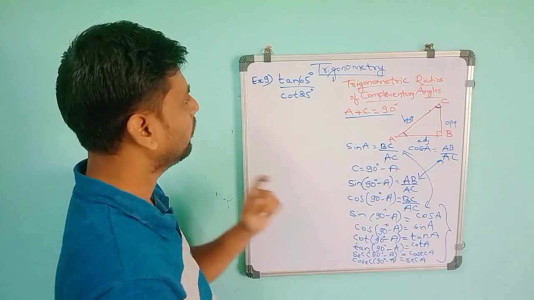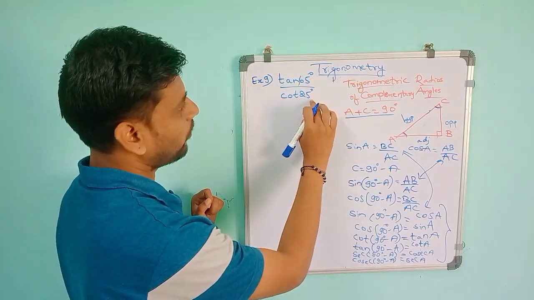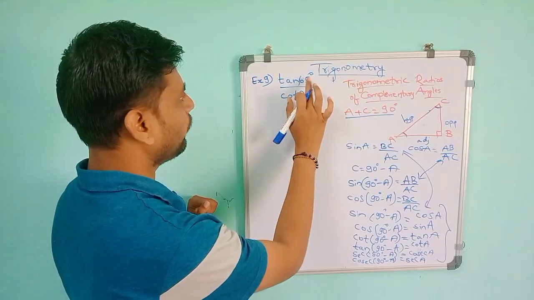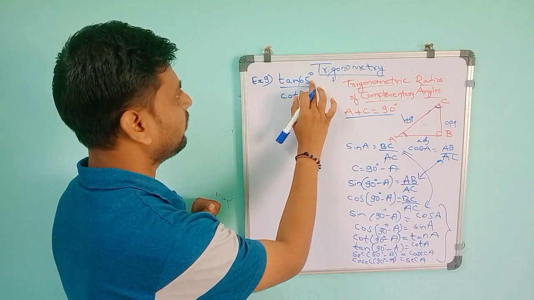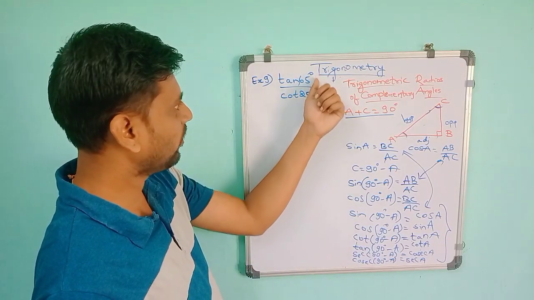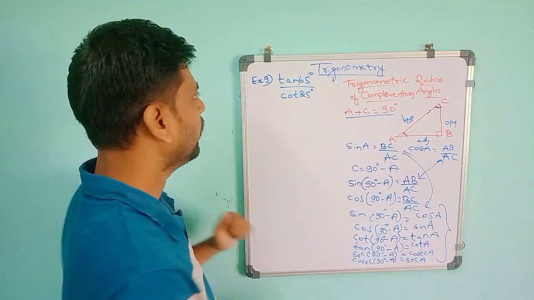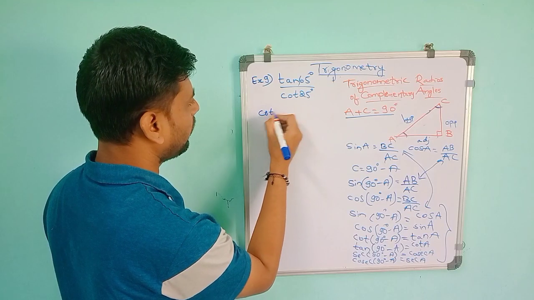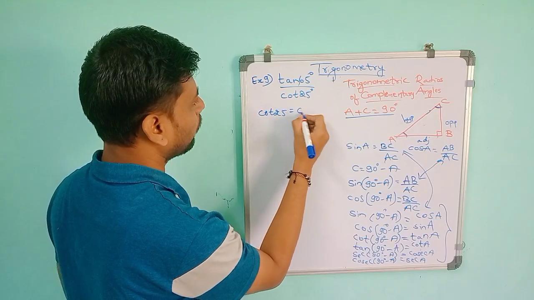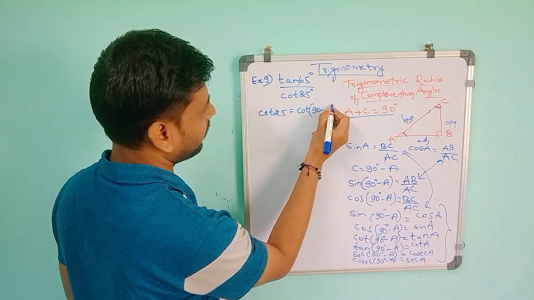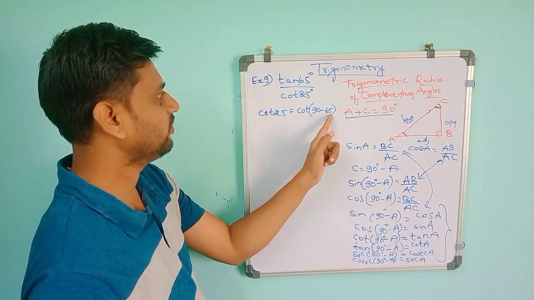How is it so? Check 65 and 25. The sum is 90, and 90 is nothing but complementary angles. If you take A equal to 65 and B equal to 25, the sum of these two angles is 90. So tan 65 remains tan 65 only. Cot 25 we can write as cot of 90 minus 65, because 90 minus 65 is 25.